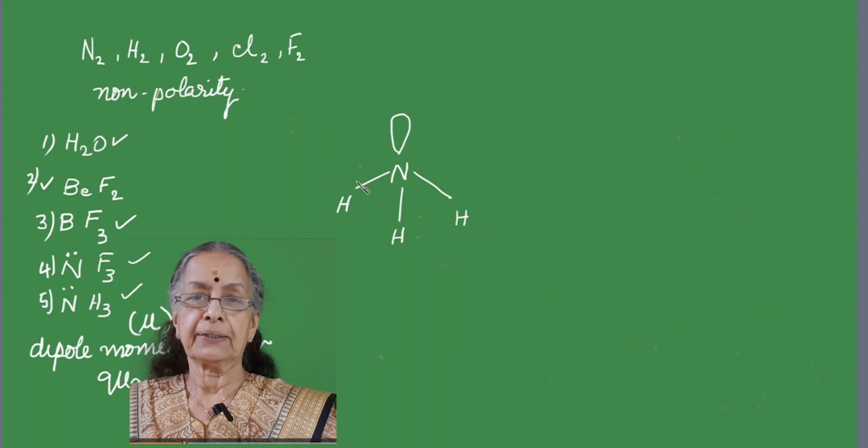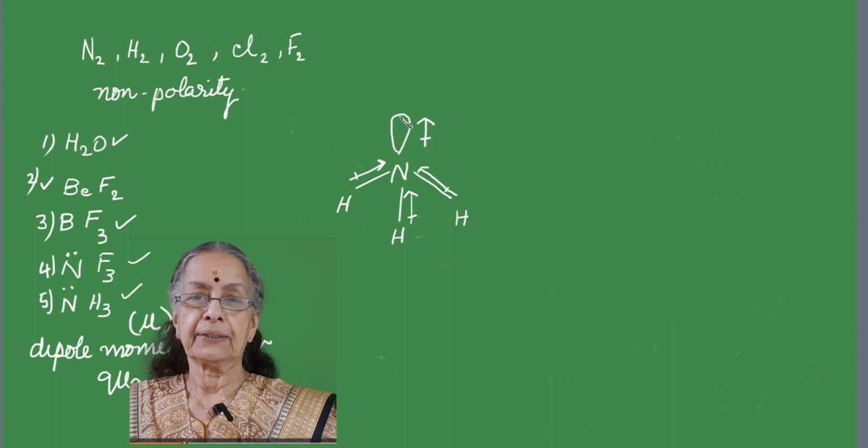You know, the electronegativity of nitrogen is greater than that of hydrogen. Therefore, for all the 3 bonds, the dipole moment direction will be towards the nitrogen atom. So, the resultant of these 3 dipoles will be in this direction, that is, in the upward direction from the nitrogen atom.